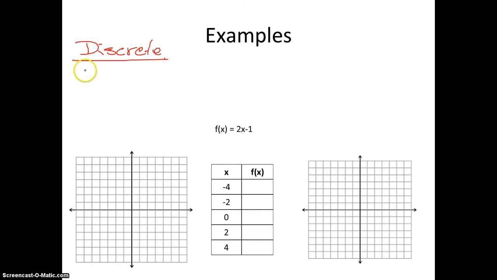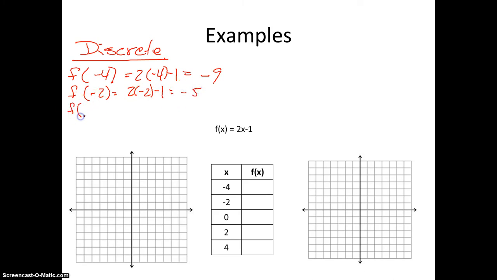So if I have f of negative 4, that equals 2 times negative 4 minus 1. 2 times negative 4 is negative 8, minus 1 is negative 9. f of negative 2 equals 2 times negative 2 minus 1 equals negative 4 minus 1, which is negative 5.